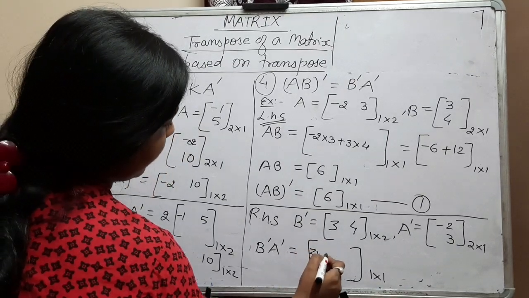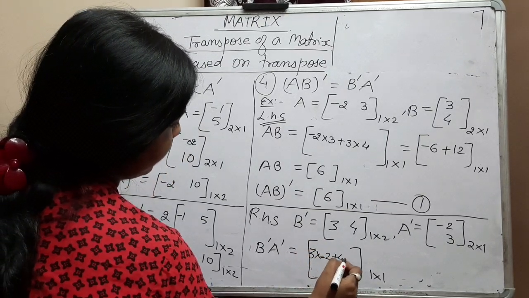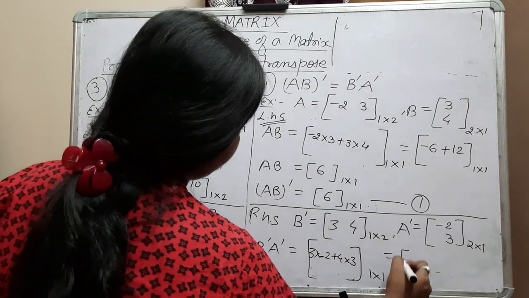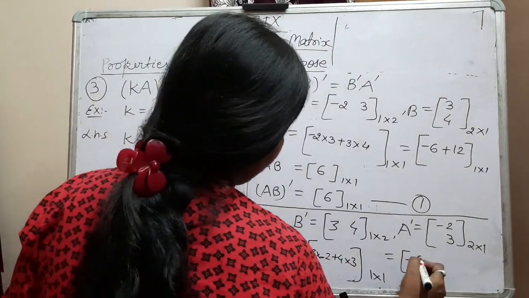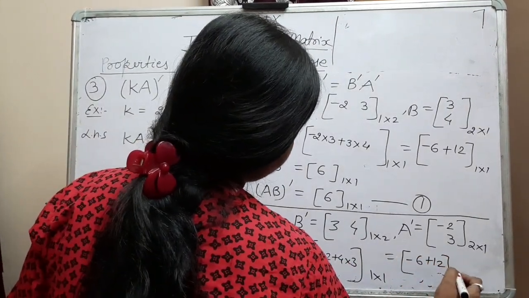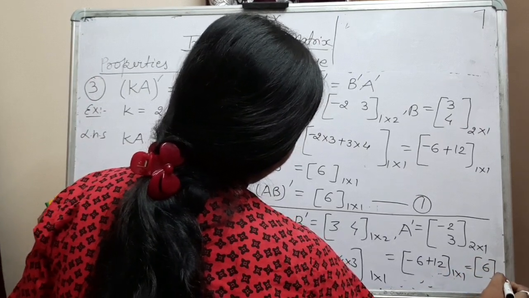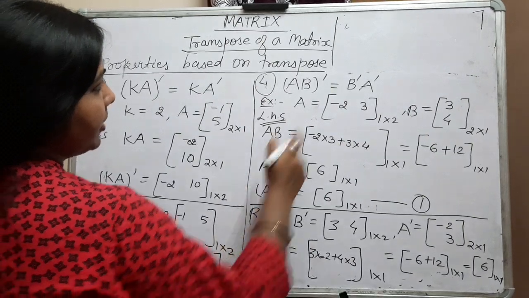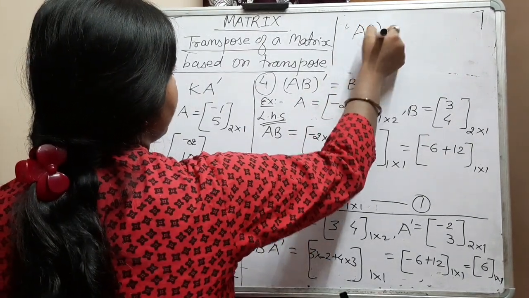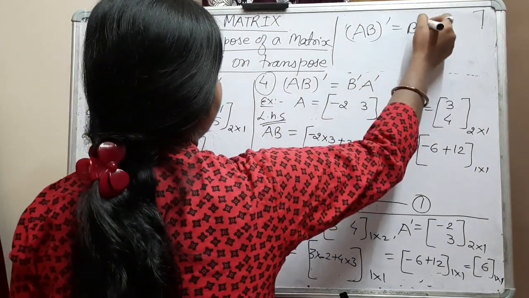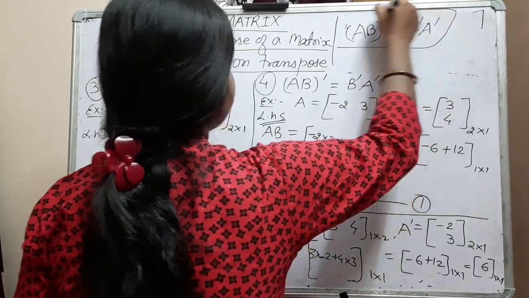So 3 into minus 2 plus 4 into 3. Finally we have minus 6 plus 12. So we get the same value, which means (AB) whole dash equals B dash A dash. So it is very clear.